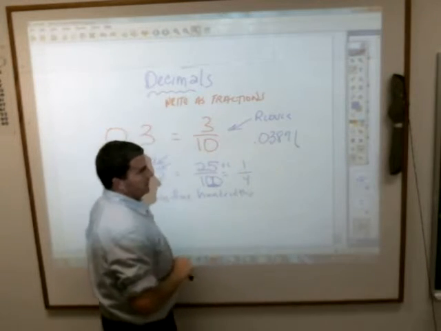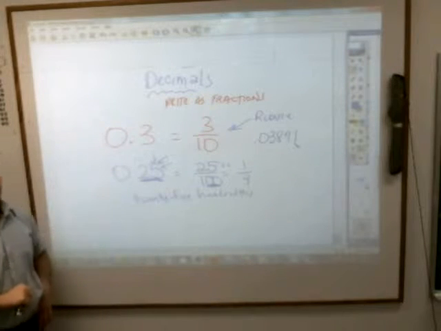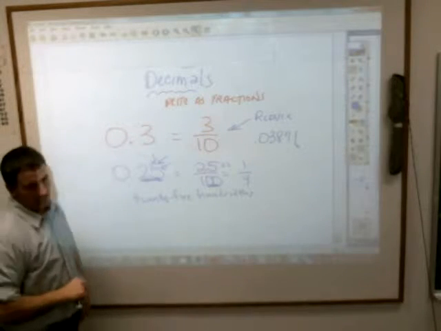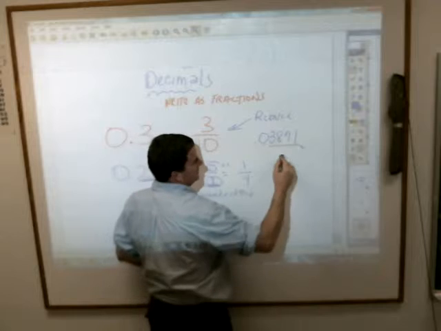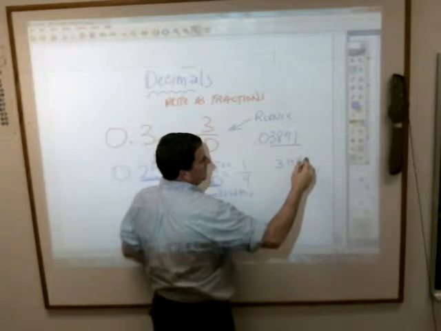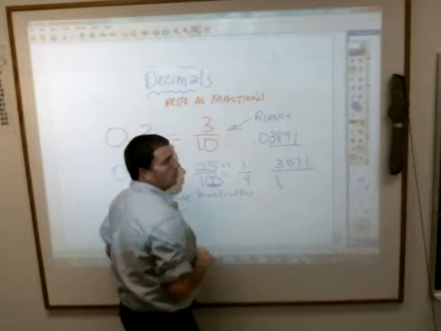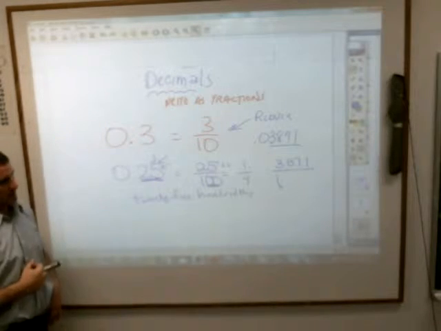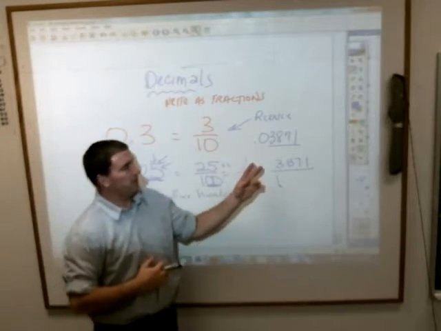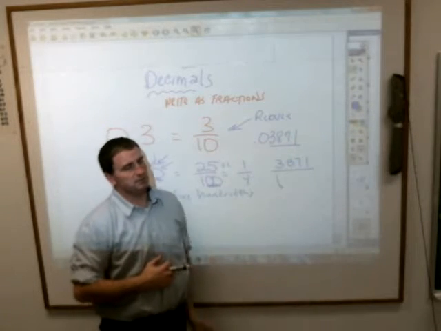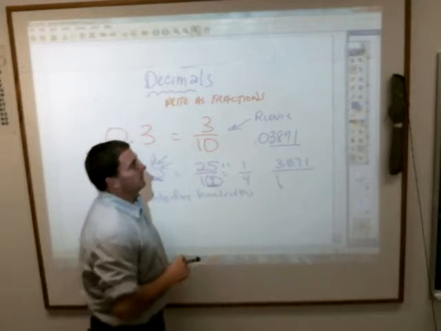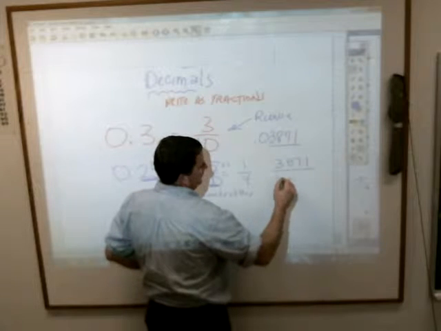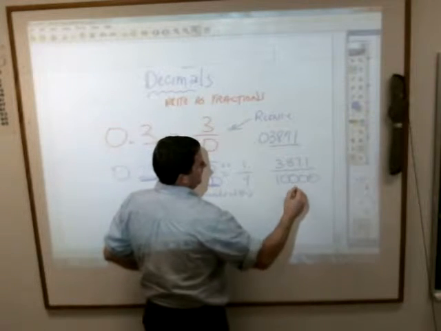0.03871, and I asked you to give me that in fraction form, well, you're going to have these digits, 3871, over 1 with how many zeros after that 1? Again, you just need to count how many places come after the decimal. It would be, Kayla, yeah, there are 5 digits after the decimal, so there are going to be 5 zeros at the end of the 1.